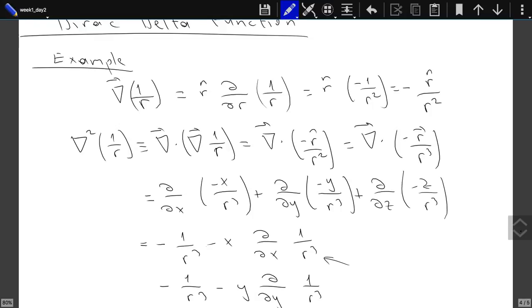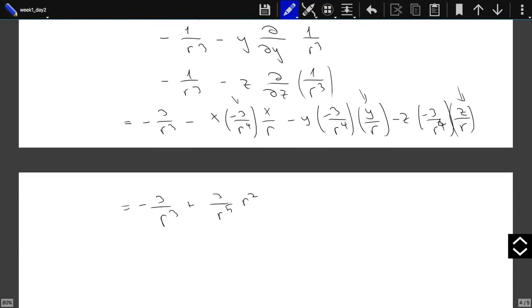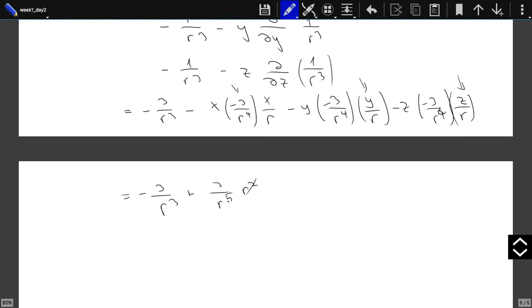The derivative of minus x with respect to x is minus 1, times 1 over r cubed, plus minus x times the derivative of 1 over r cubed with respect to x. Well, these cancel two of these. What remains is 0. So what we obtained after this calculation is that the Laplacian of 1 over r is equal to 0.